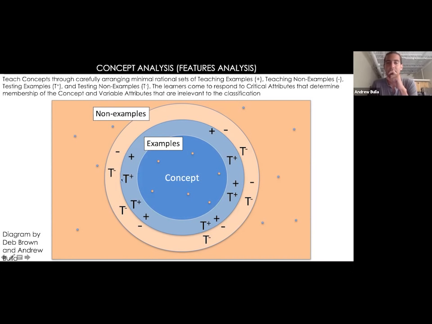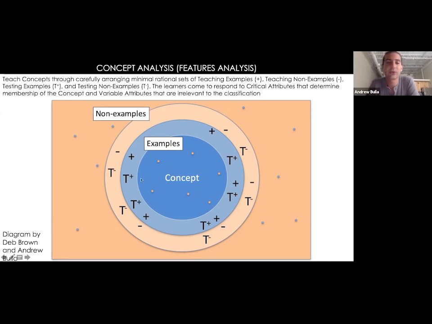However, the further out we get on that circle, the weirder and more challenging the examples are of that concept. And the further in the middle of that circle, the easier. So in the middle of the concept, we might have, let's say, a Labrador Retriever. We tend to see a Labrador Retriever quite frequently in our day-to-day contact with what a dog is.